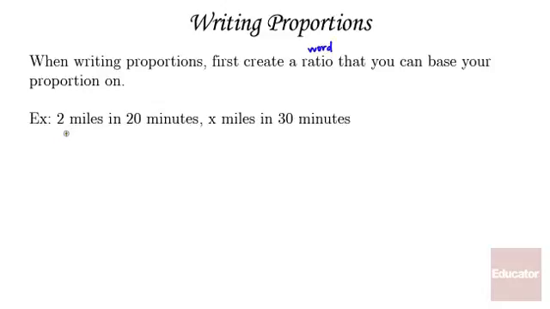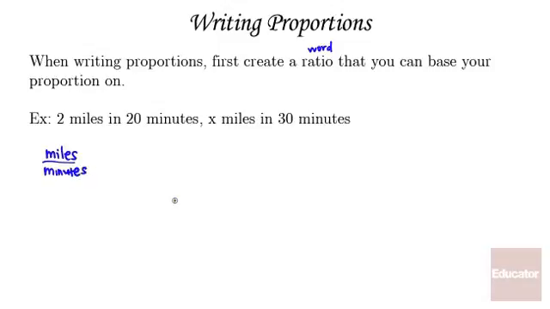So here I have my example, 2 miles in 20 minutes. And I want to find out how many miles it'll be in 30 minutes. So I want to create my word ratio. For example, I can put miles over minutes.